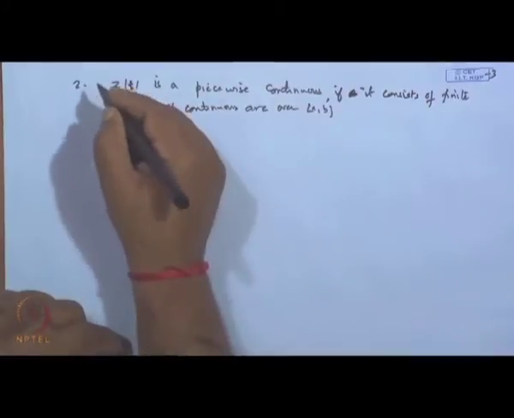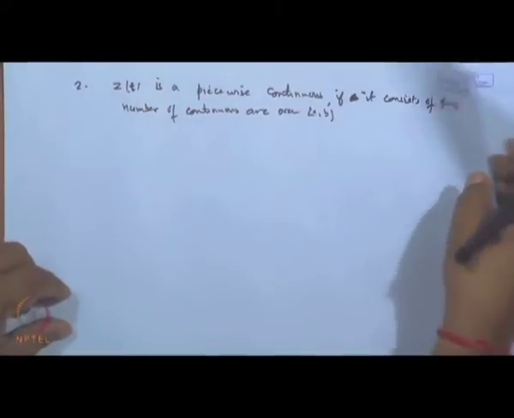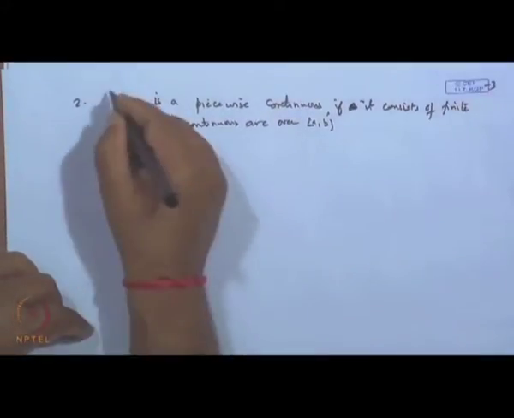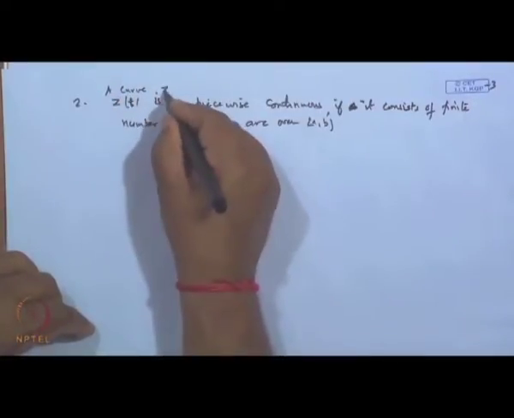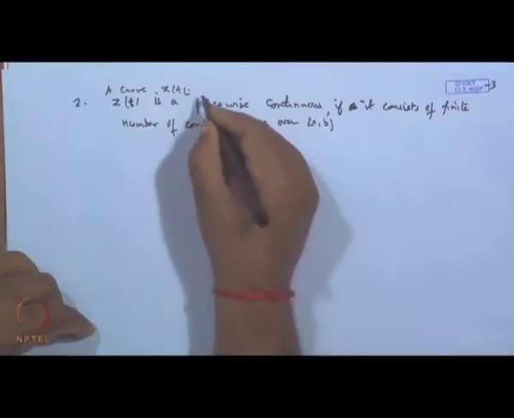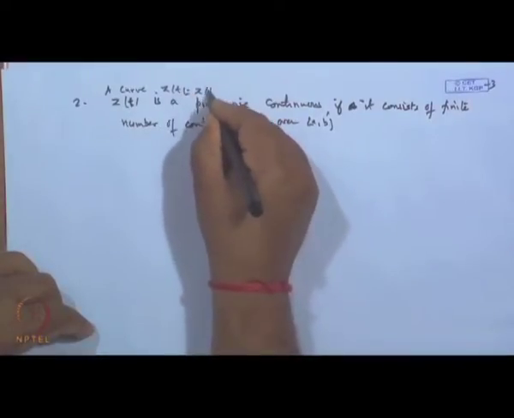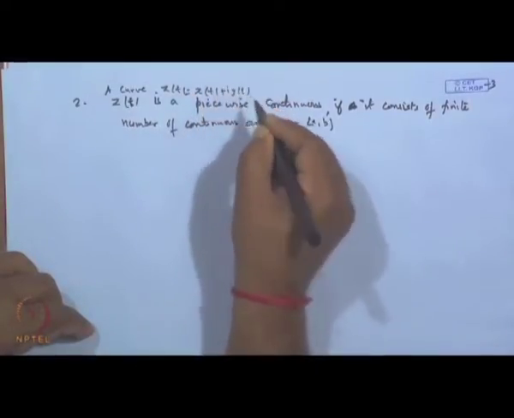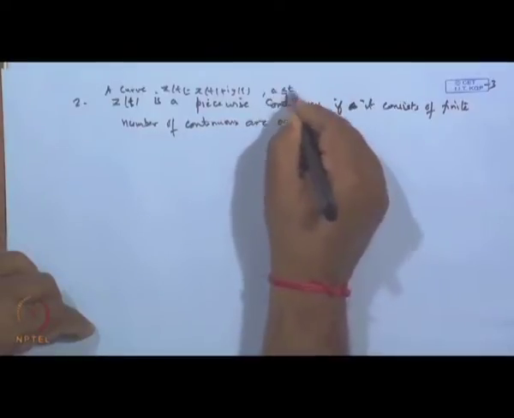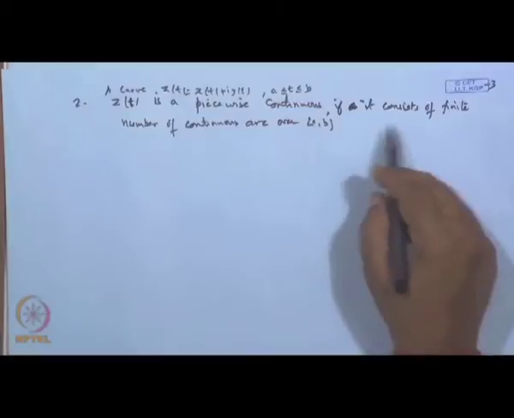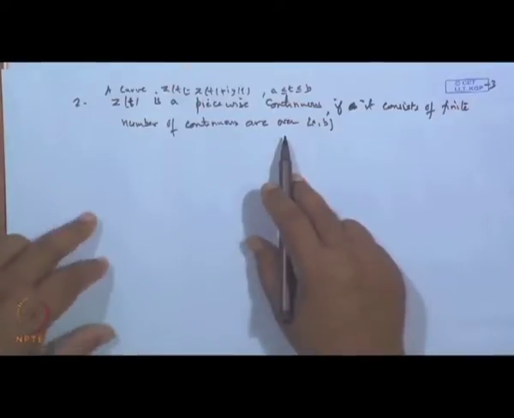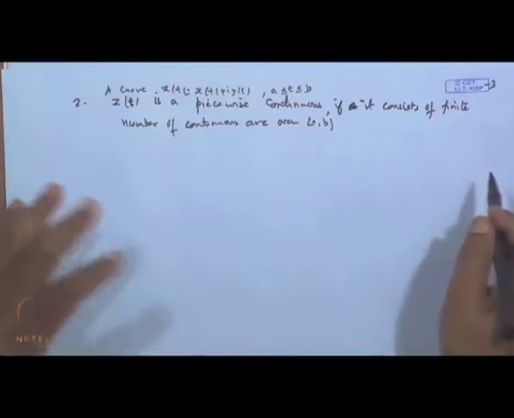That is, a curve z(t) represented by x(t) plus i y(t), where t ranges from a to b, is said to be a piecewise continuous curve if it consists of a finite number of continuous arcs over the interval.